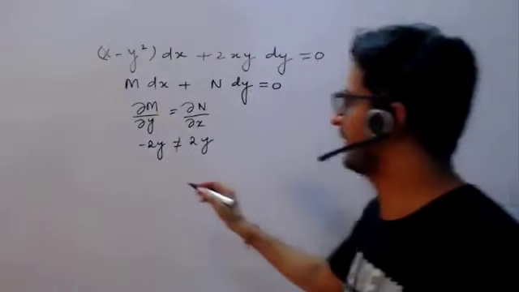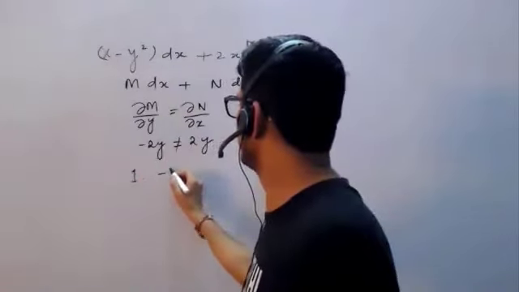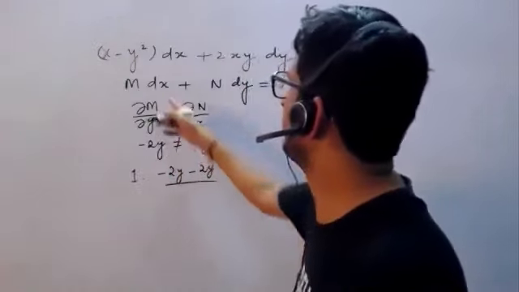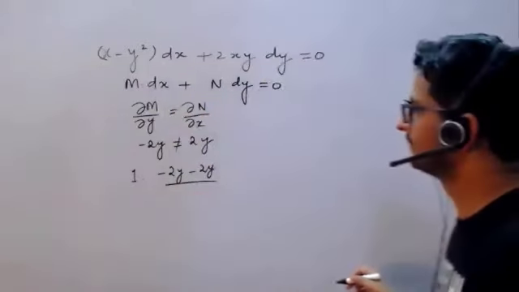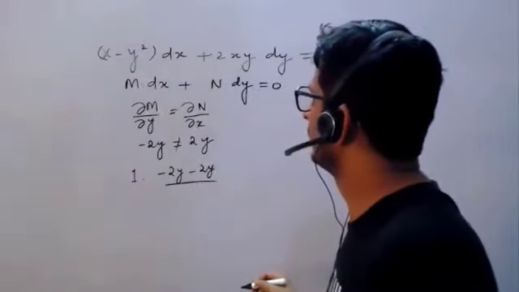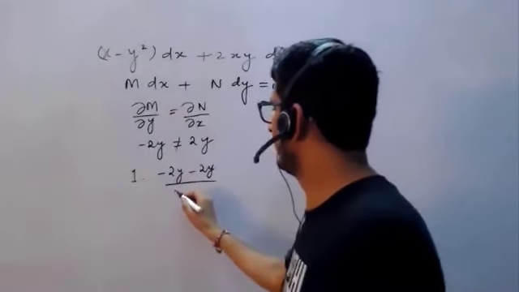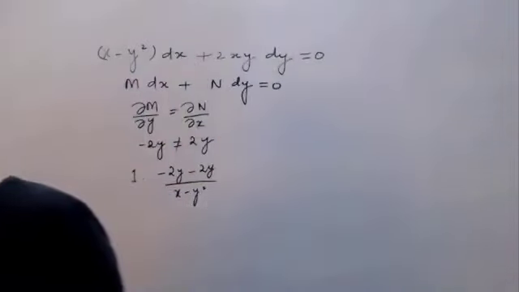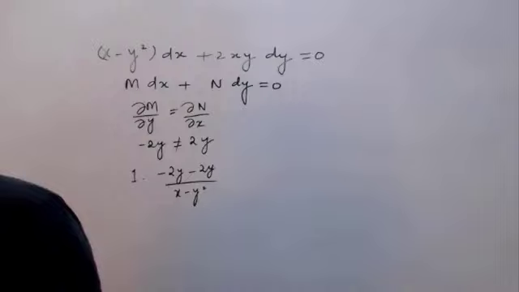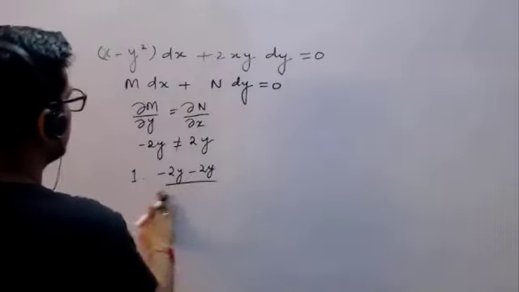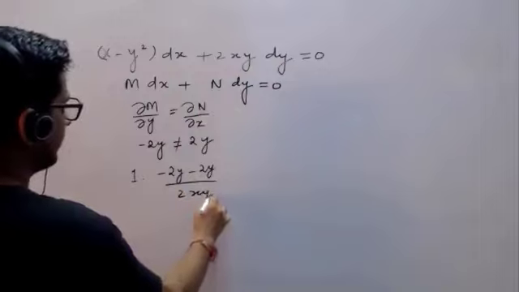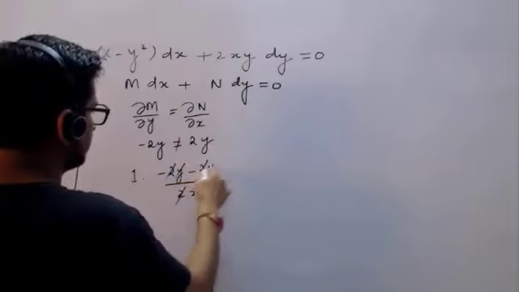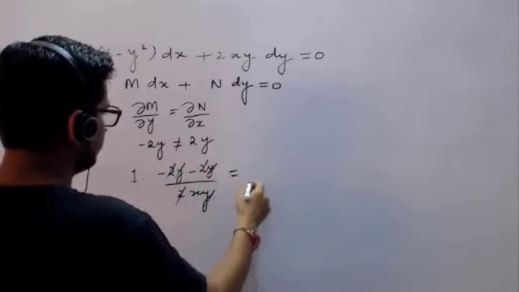So let me apply the first case. The first case is minus 2y over M, sorry, divided by N, which is 2xy. So 2 cancels and y also cancels. What will it become?